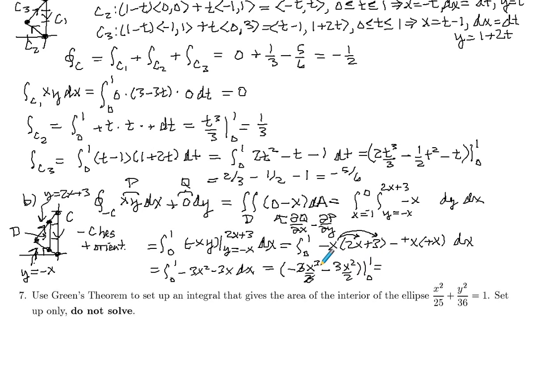Plug in 1, we get negative 1 minus 3 halves. And plug in 0, we get, oh no, I'm sorry. I switched my limits of integration up on us here. It's negative 1 to 0, and then I switched them to 0 to 1.